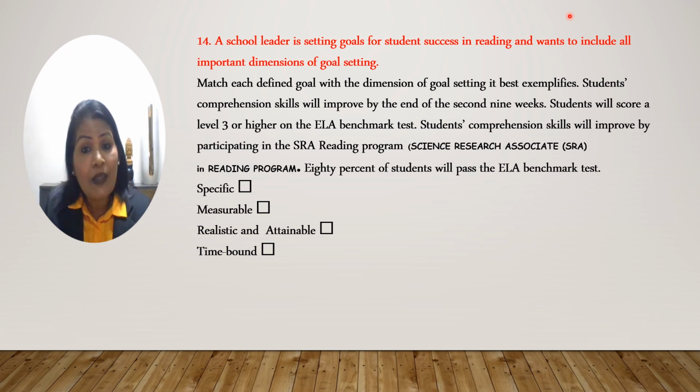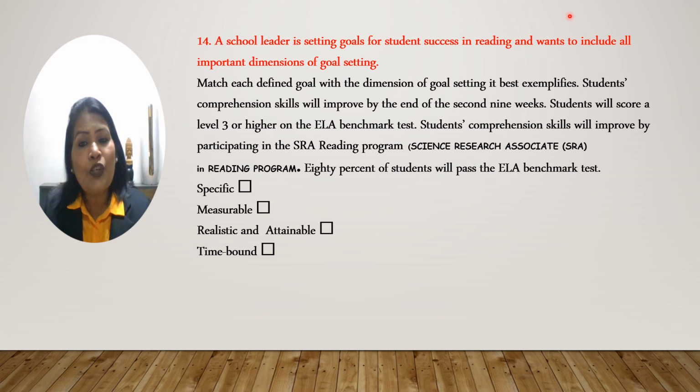Students scoring a level 3 or higher on the ELA benchmark test. Now, what is the ELA benchmark test? The ELA benchmark test is a comprehensive assessment that measures student capabilities relative to grade level standards in English language arts.